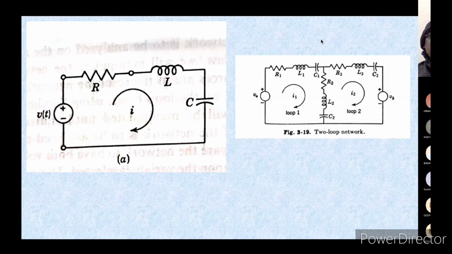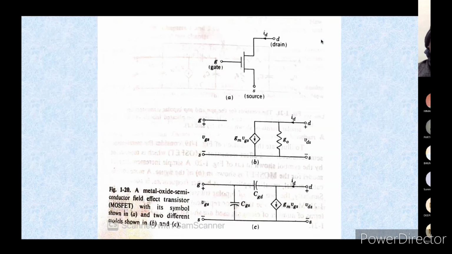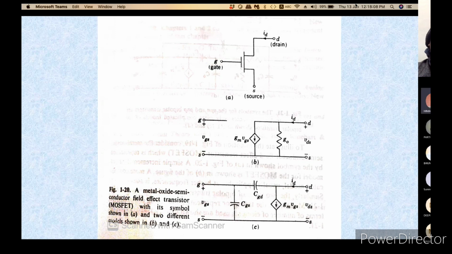If it is working at low frequency, it may not be that significant, and we may ignore it. So all such considerations have to be given while analyzing the circuit.